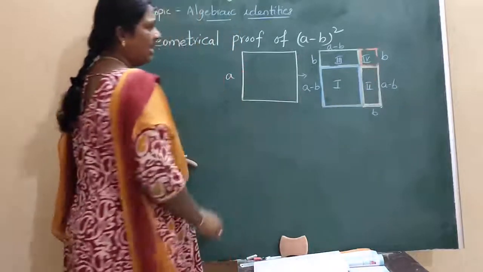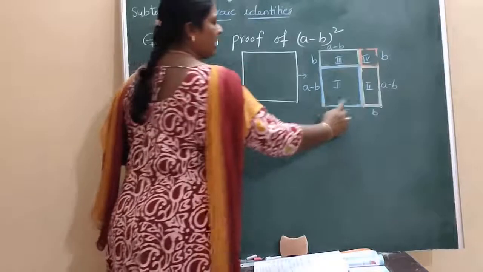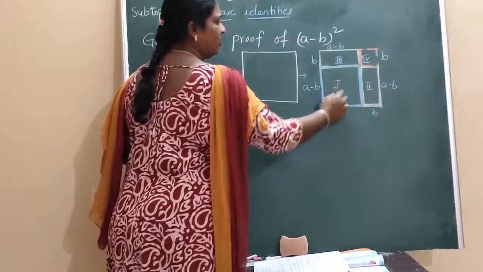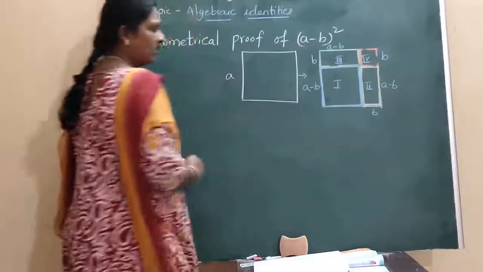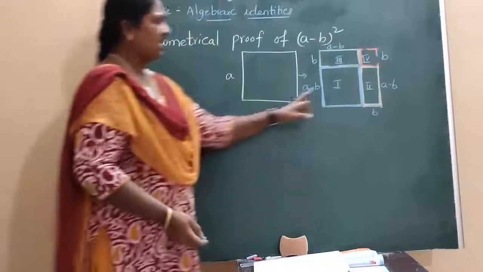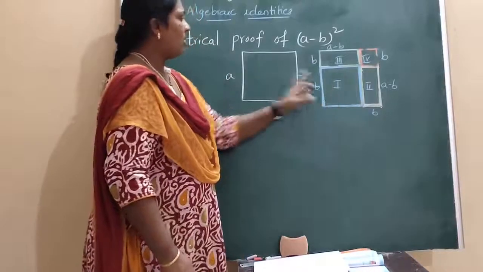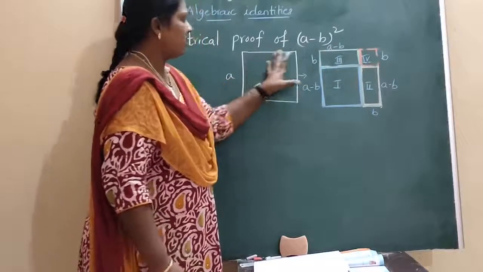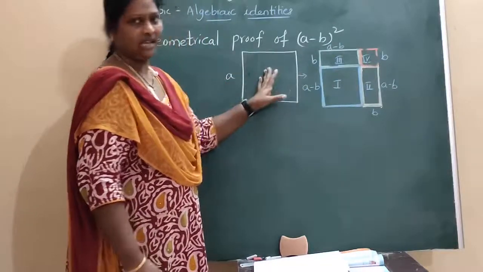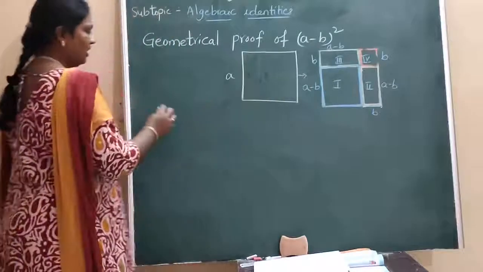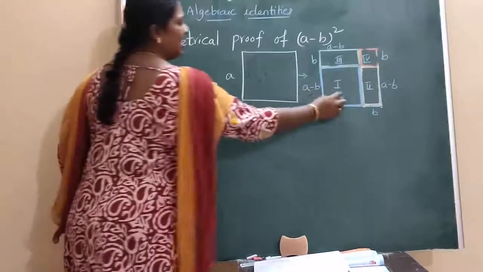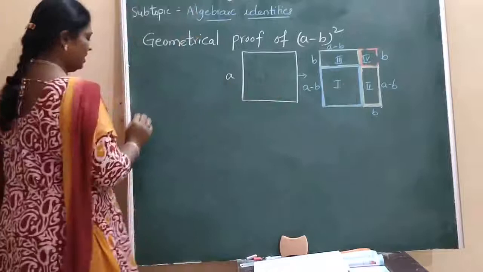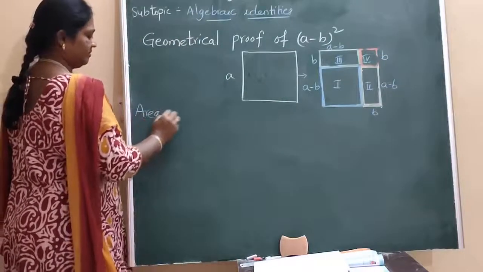What we have to obtain? The area of the first region. This will be obtained by subtracting the other 3 regions from the whole square with side a. So we have to find the area of the first figure.